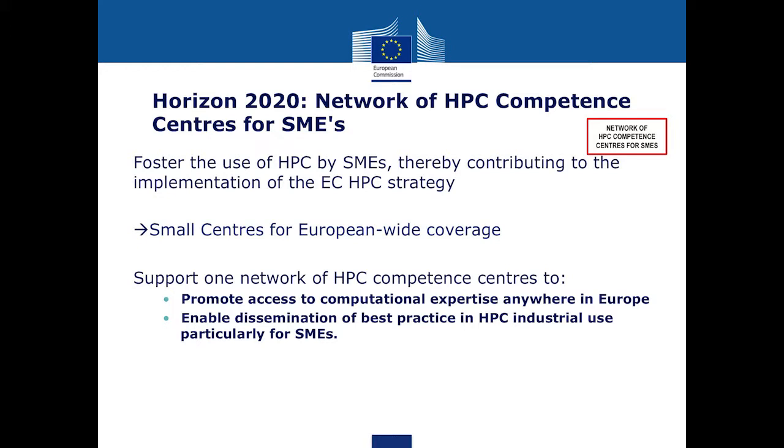In Horizon 2020, in the area of infrastructures, I would mention two topics that are not so much about citizen science as the previous FP7 projects, but in different areas. There is a specific topic for SMEs, the network of HPC competence centers for SMEs, because it has been identified that SMEs have needs for high performance computing and very rarely have access to these resources or the ability to use them.